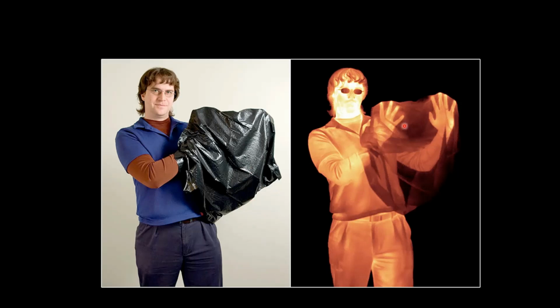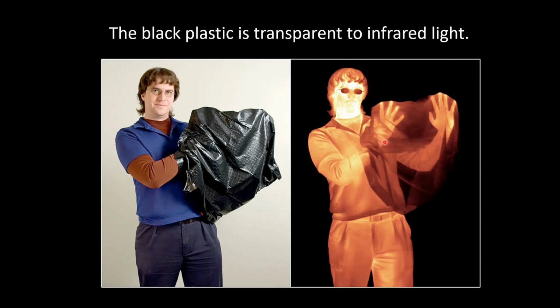The fact that I can clearly see all of his hands and fingers suggests that the black plastic is transparent to infrared light. So to me, this is just fascinating. The situations have flipped. Glass was transparent to visible light, but opaque to infrared. This black plastic is opaque to visible light, but transparent to infrared.